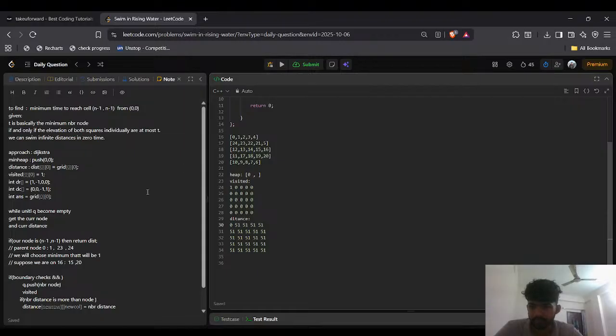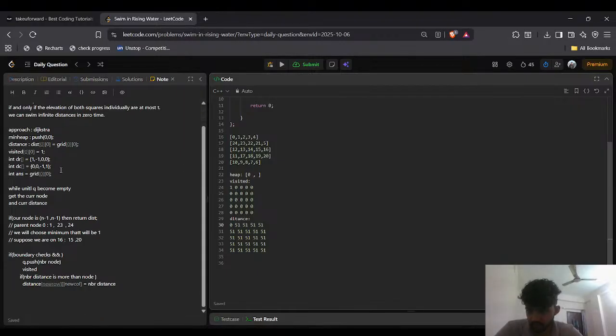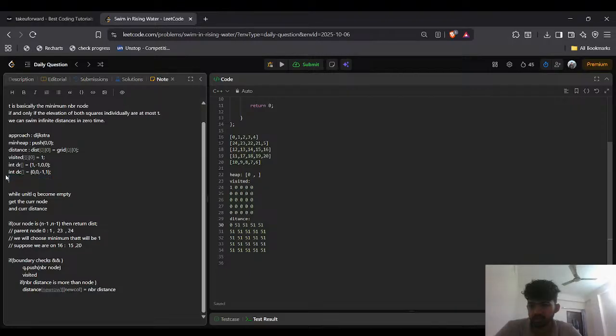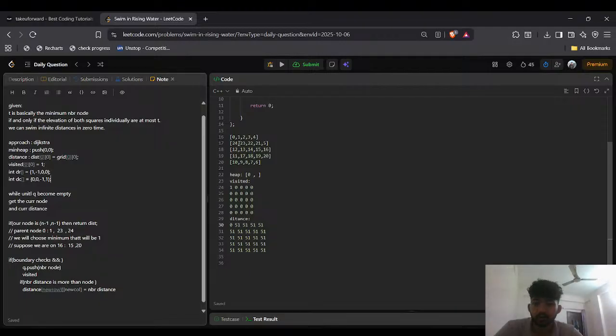Now, okay, no need of answer. Q get the node, current nodes are 1, 2, 3.